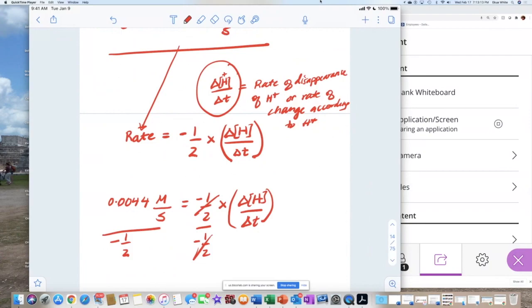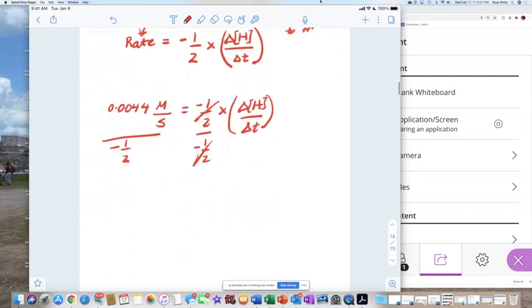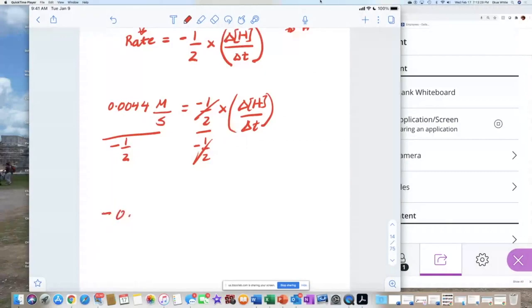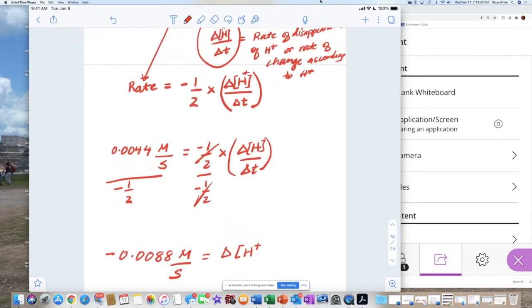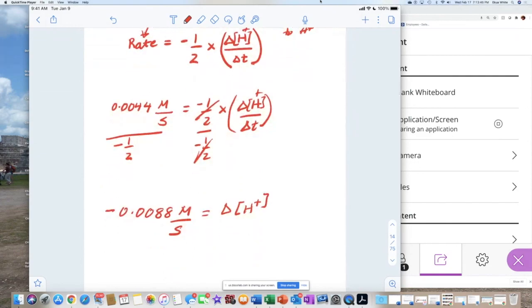I'm going to divide mine by negative, open parentheses, 1 over 2, close parentheses, and I get negative 0.0088 molar per second. This is the rate at which the H plus concentration is changing with time.